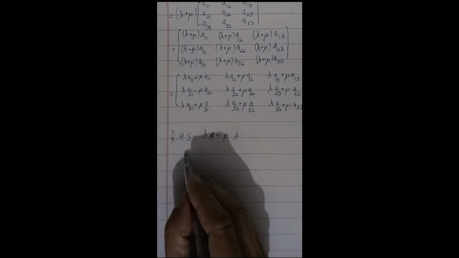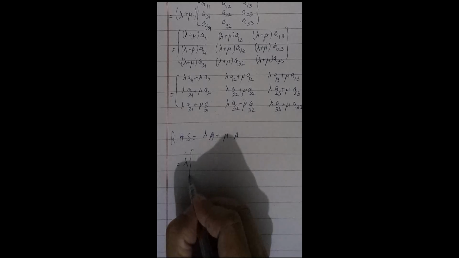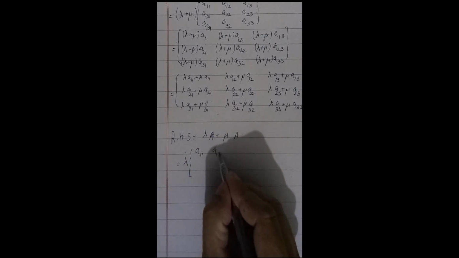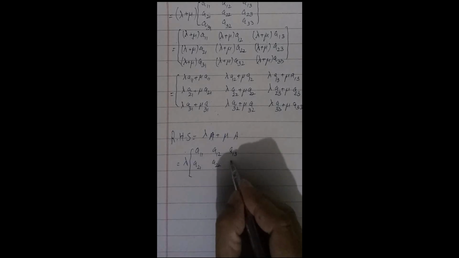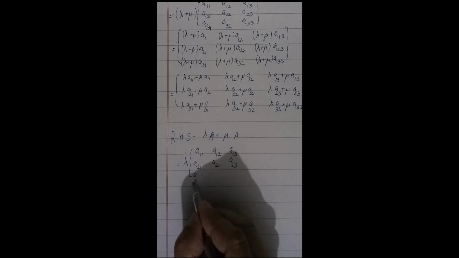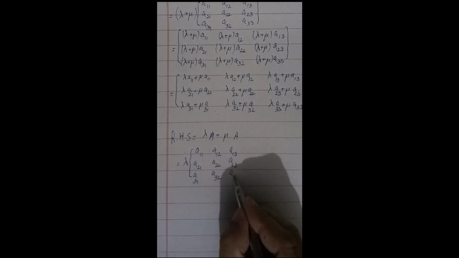We have lambda times the matrix A11, A12, A13, A21, A22, A23, A31, A32, A33, plus mu times the matrix A: A11, A12, A13 and A21, A22, A23, and the last row is A31, A32, A33.